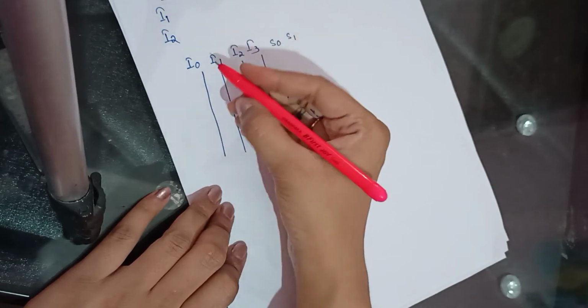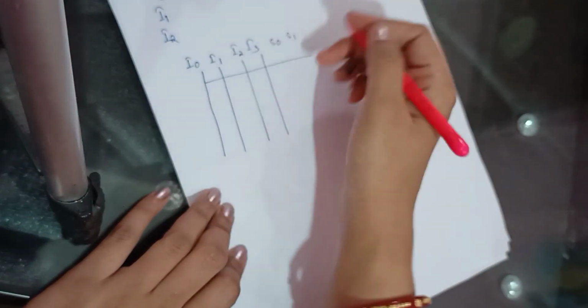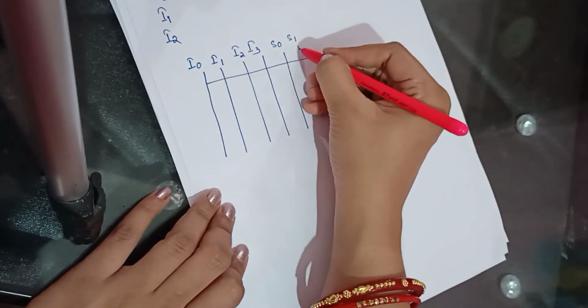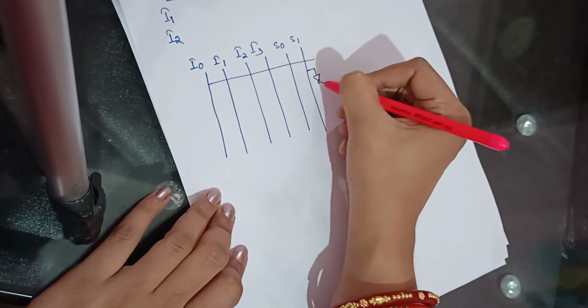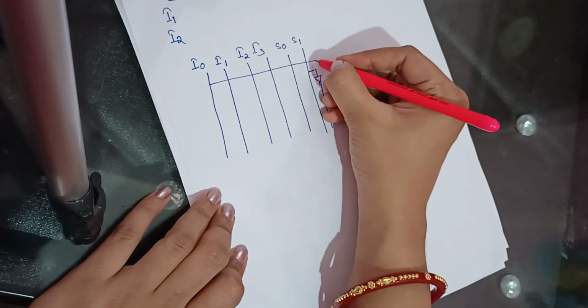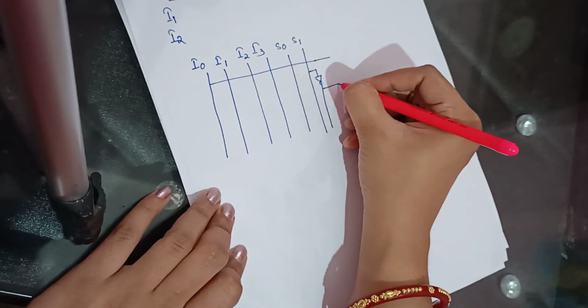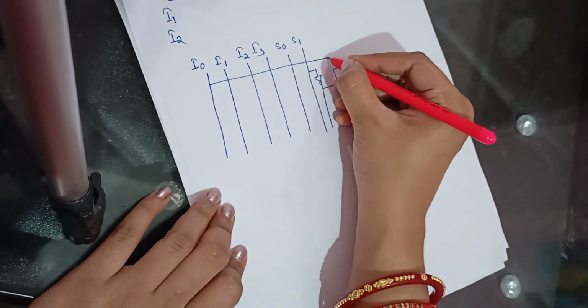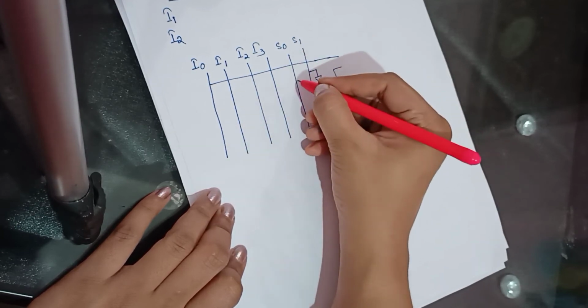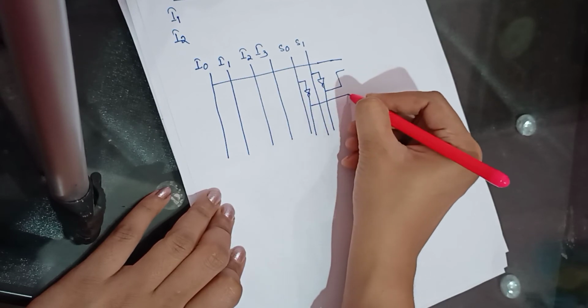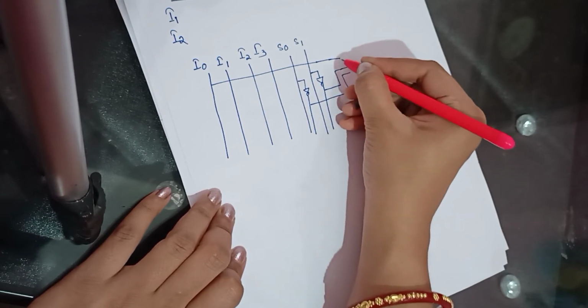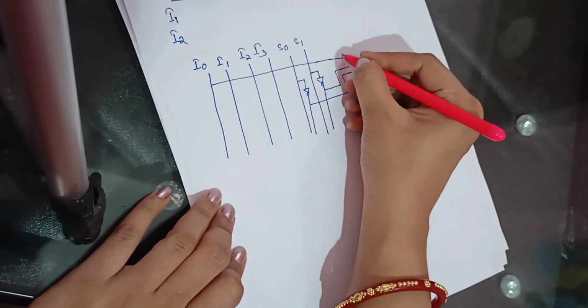First is your I0 S1 bar. This is your S1 line. Here a bar is connected. This is your S1 bar. I0, S1 bar. Then S0 bar. These three are connected with your AND gate.